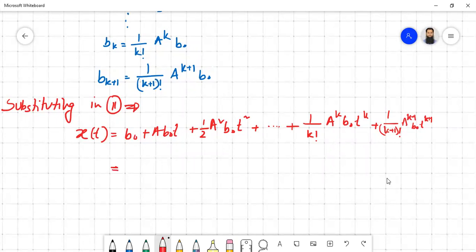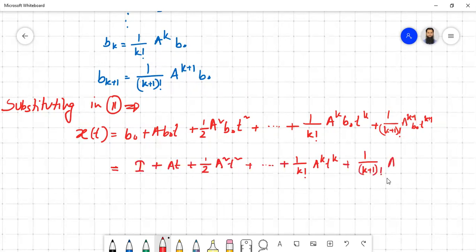And then what will be left is, since all of them are actually vector parameters, if you take common of b0 from the first one, the identity matrix will be there, plus A t plus half A squared t squared plus goes on to 1 by k factorial A^k t^k plus 1 by (k+1) factorial A^{k+1} t^{k+1} plus goes on. So you can just take the common of b0.